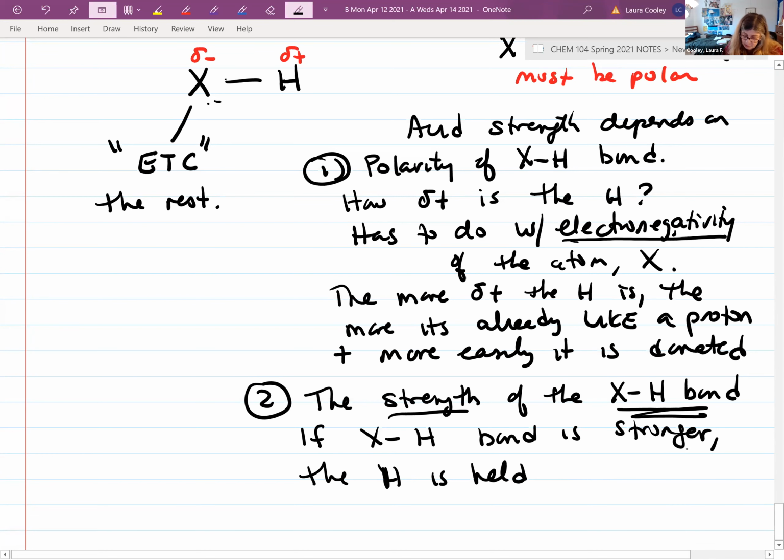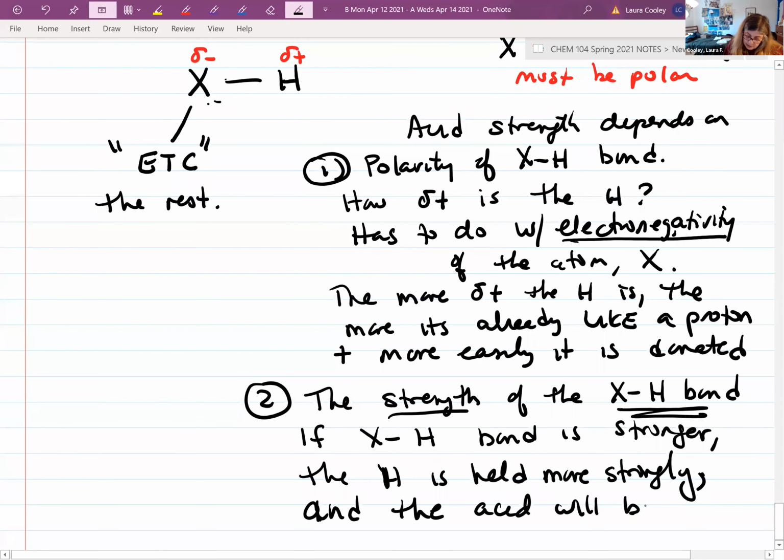So if the XH bond is stronger, then the H is held more strongly. It needs more energy to break apart, okay? So if that bond is stronger, the acid will be weaker.